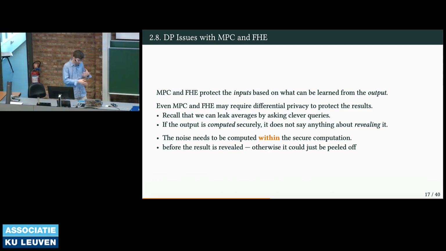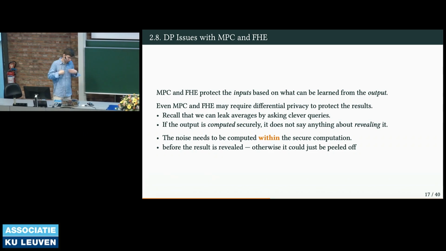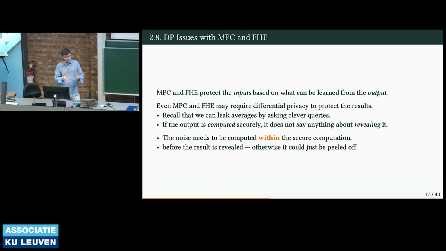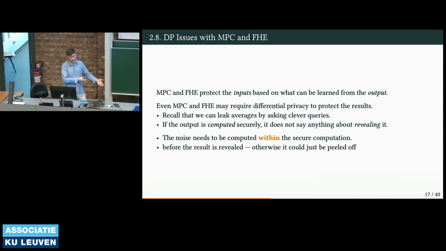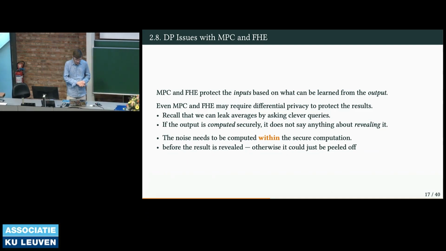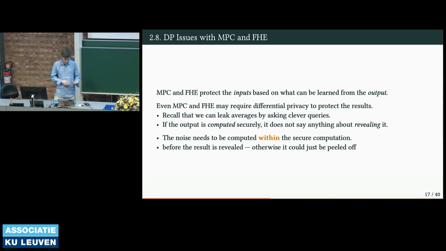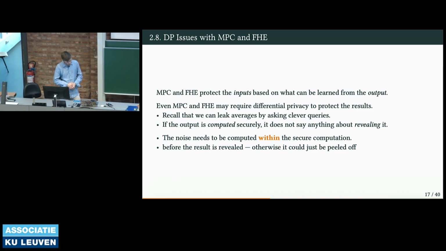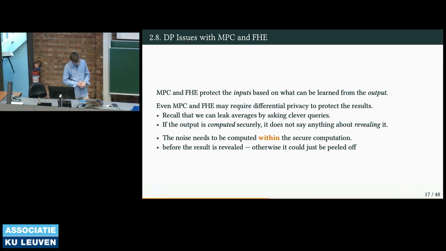And so this is where you can add noisy data into the system before it gets input into these privacy-preserving computation technologies, to prevent any kind of differential information leakage. But the noise, it's not necessarily trivial how to do this.